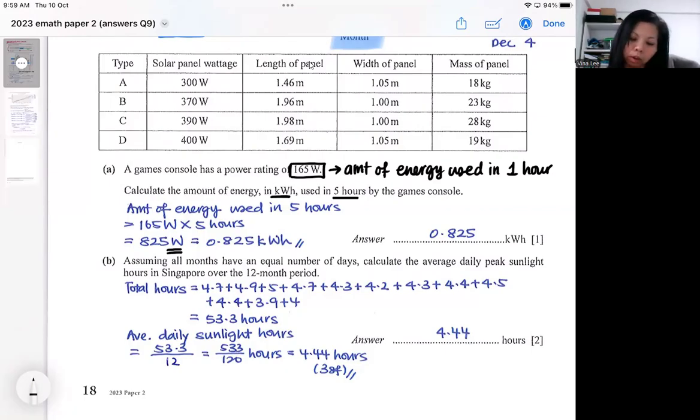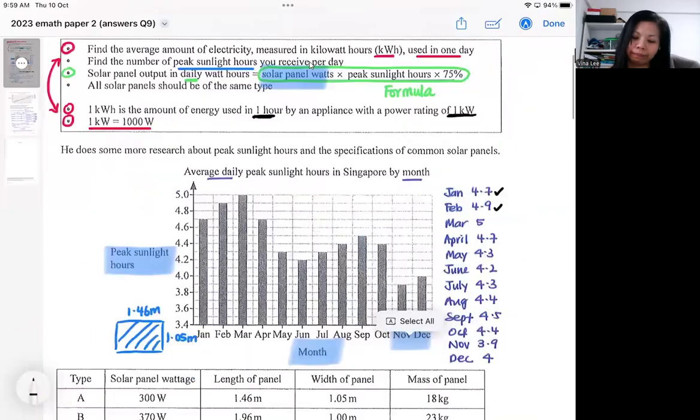Now, assuming all the months have equal numbers of days, calculate the average daily peak sunlight over a 12-month period. So we are going to be averaging out for these 12 months.